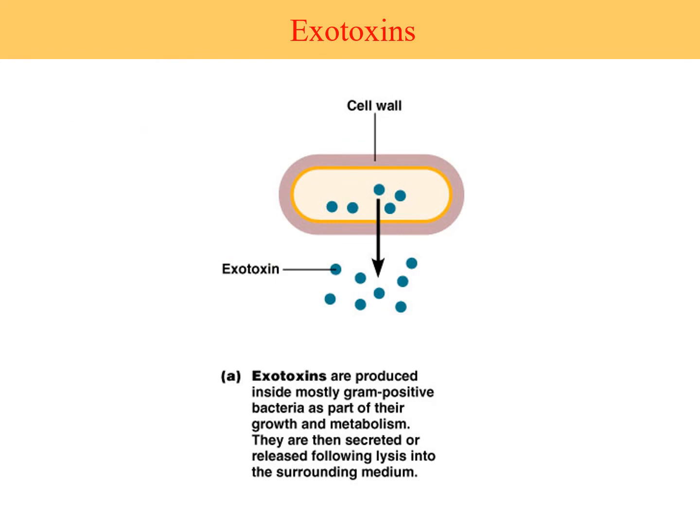Exotoxins produced and secreted by gram-positive organisms are simply part of the normal growth and metabolic activity of the cell. I'll get into more detail later, but I'll just mention that some bacteria pick up the ability to produce exotoxins by being themselves infected and transduced by bacteriophages, viruses that can infect bacteria.